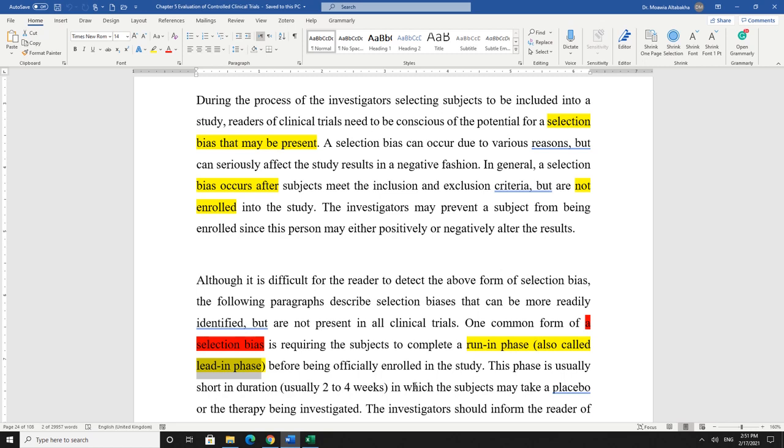starts. Okay, officially we start with the subjects. Now in this 2 to 4 weeks, what they do, they may, for example, and here is where maybe you have a selection bias, so pay attention. I'll give you an example. Let's say I have hypertensive patients, and I'm having a drug for that, and before the subjects start the trial, I want to give them this medication, okay, to one of the groups, because I have 2 groups.